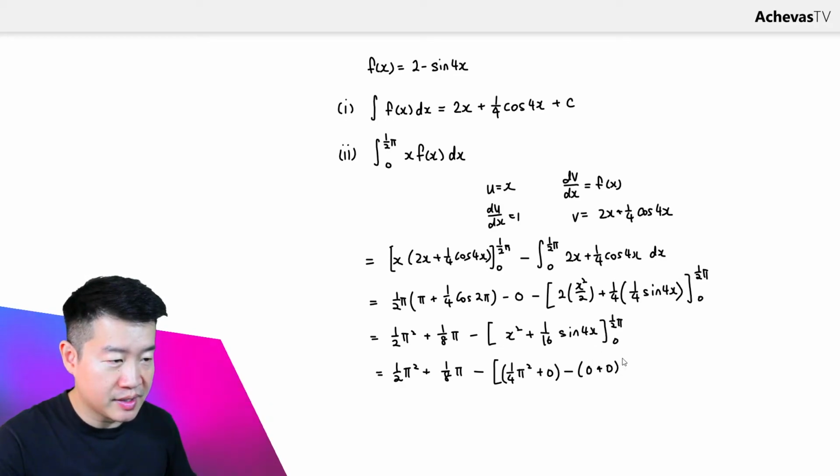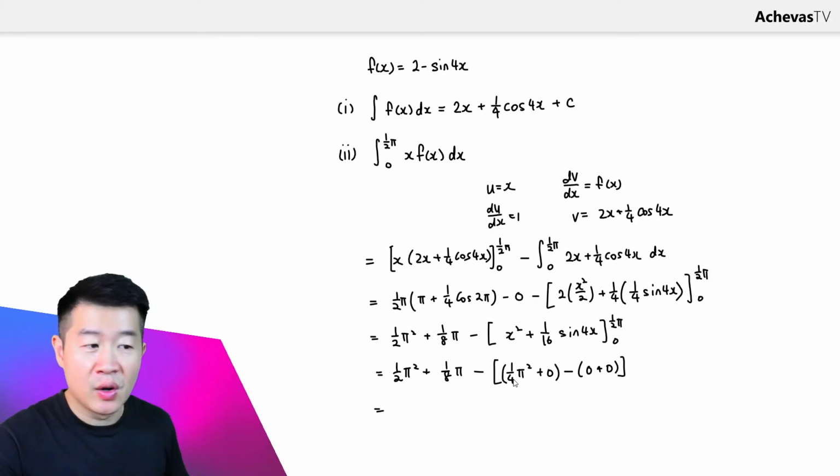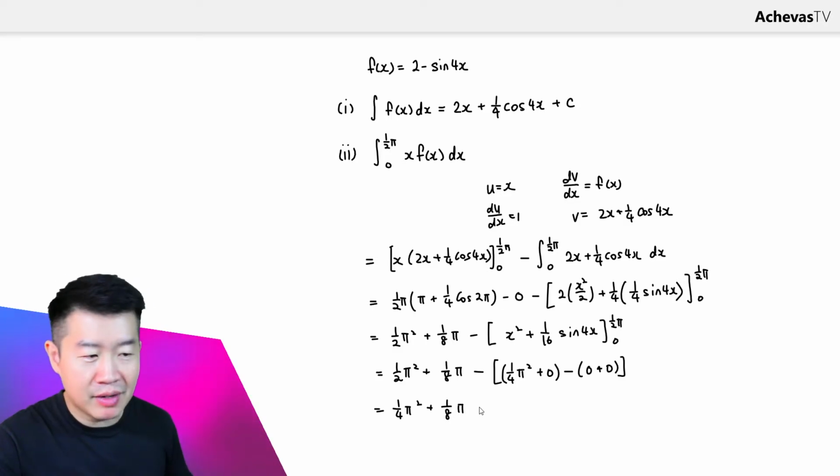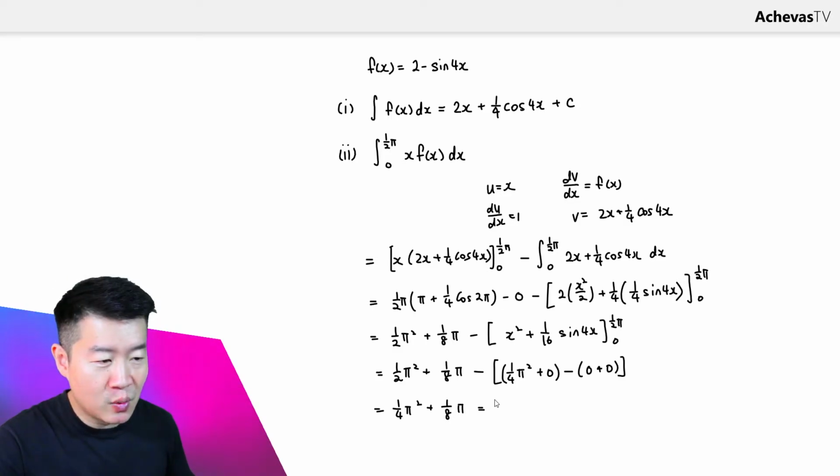So we have a 0 plus 0 here. So my final answer is going to be this, minus away 1/4 pi squared, which will give us 1/4 pi squared plus 1 over 8 pi, which I guess we can also factorize out 1 over 8 pi. That will leave us with 2 pi plus 1.